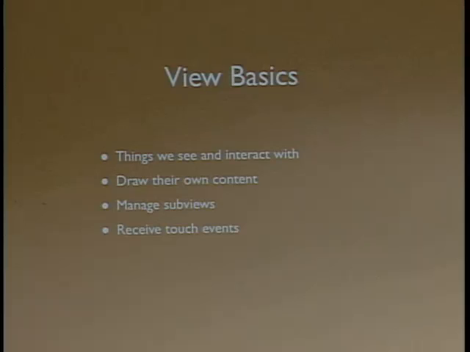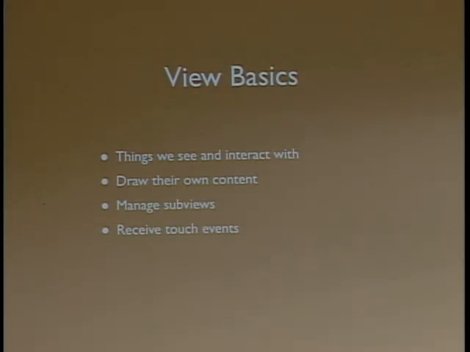Some of this we already know just because we've had to use them without really looking in depth at them. So views, what are they? They're the things that we see and interact with. They draw their own content, so there's some sort of visual thing going on.